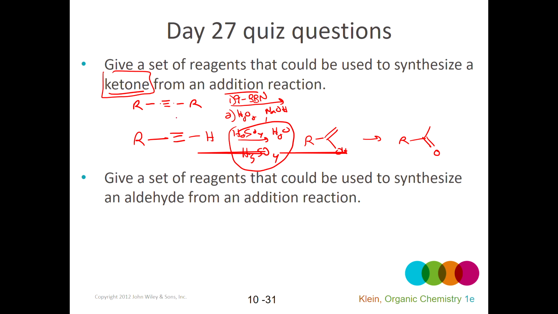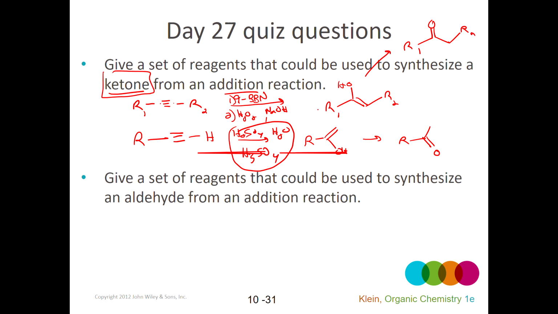So that would be a situation where if these two R groups are different, it'd be very difficult to control where the CO double bond forms. So I could have the OH form here, which would give, if the two R groups were different, the CO double bond there.